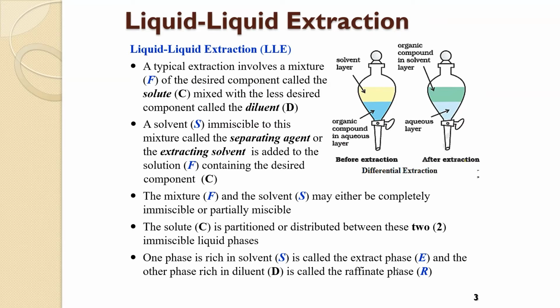So take note, in distillation, typically you have the feed, and then the tops are the distillate, and then the bottoms. And then sometimes you might have a side stream. In this case, you have an extract, you have a raffinate.